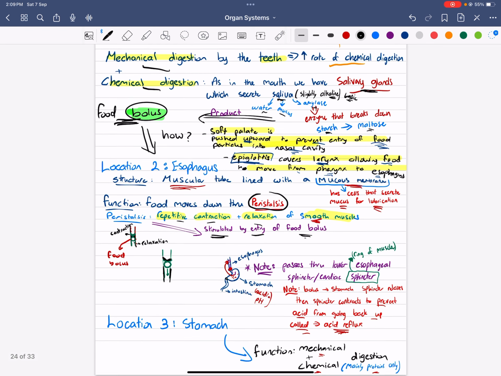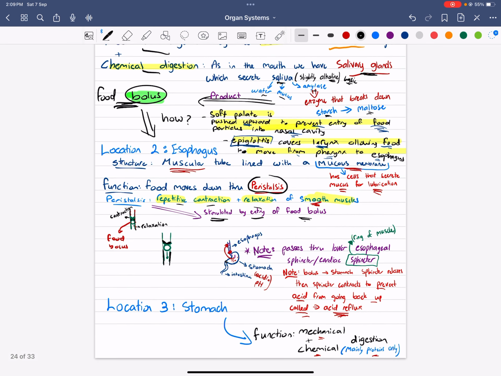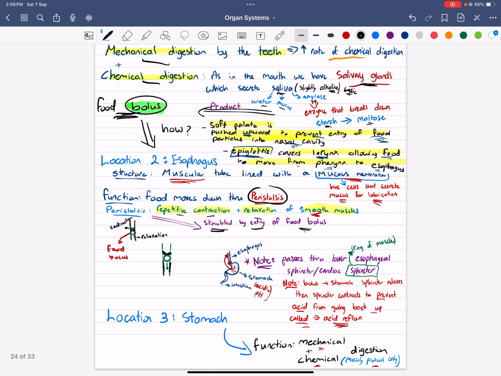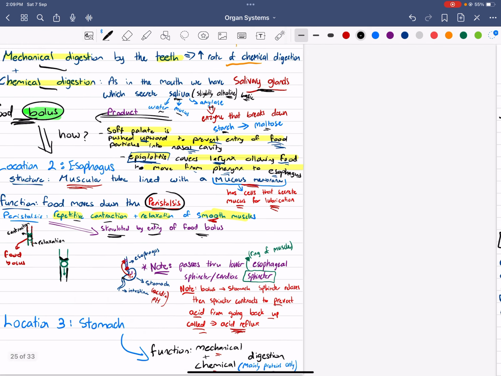Okay? And then before we reach the stomach, we have a cardiac sphincter, which relaxes, allowing the food to enter, and then it contracts to prevent the acid from the stomach from going back into the esophagus. And then in the stomach, we said we also have mechanical and chemical digestion.